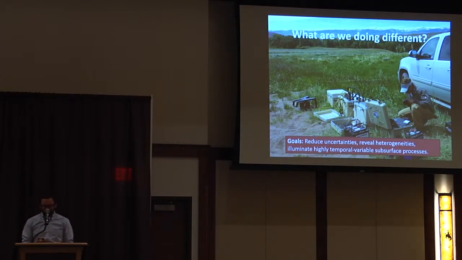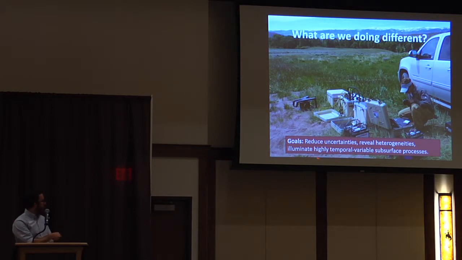So what are we doing different? Well, our goals are to reduce the uncertainties, to shrink those error bars on at least a few of these pathways. We want to reveal heterogeneity, so we want to look at how the hydrologic system is variable spatially across our watershed, and not just make these broad-scale assumptions and upscaling.